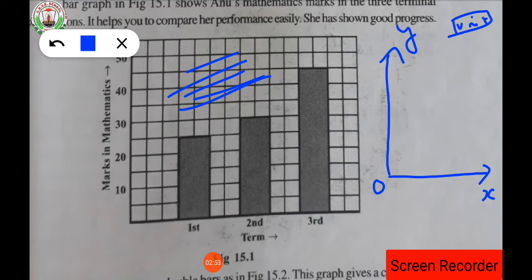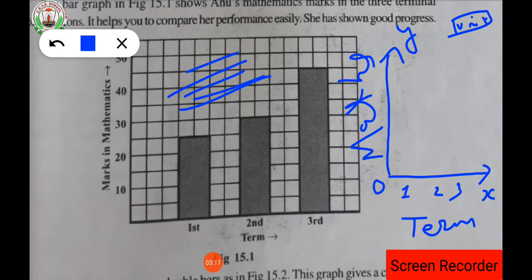Here we are going to write term 1, term 2, term 3, whatever exams are held. Then on the vertical y-axis we are going to write the marks of mathematics. Now in the first term, how many marks that person got, between 20 and 30, is 25.